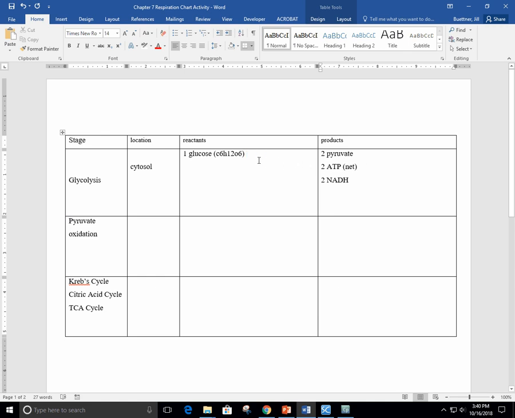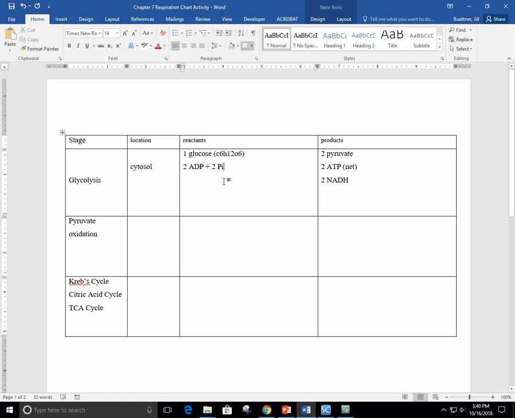But for these other products, we need to list some reactants that correlate. So for 2 ATPs, that came from 2 ADPs plus 2 phosphates that were loose. Sometimes that's called inorganic phosphate, P with a subscript i.